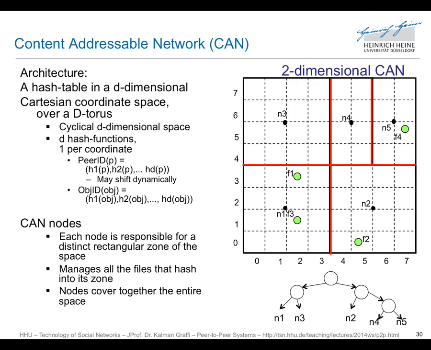So for example, that you first split vertically, so that you first have N1 over N3, and on the downside you have N2, and on the upside you have N4 and N5. So first you split this way, then you split this way, then you split this way, so that you have the clear rule.